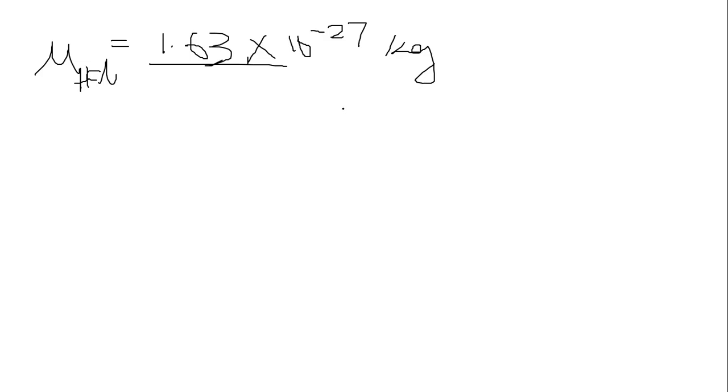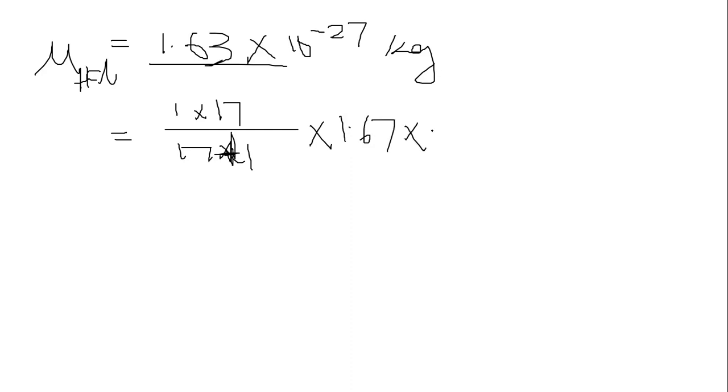If you calculate the reduced mass, mass of hydrogen is 1 and mass of chlorine is 17. So 17 by 17 plus 1, that is 18, into the mass of 1 mu, 1.67 into 10 to the power minus 27.